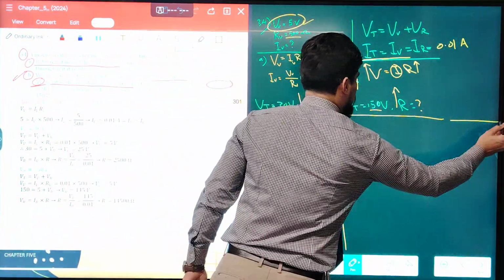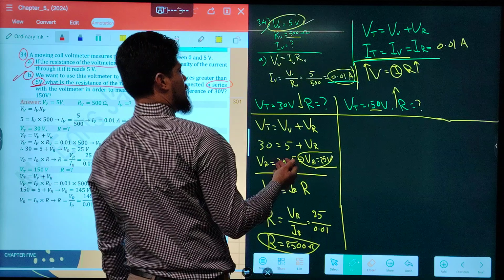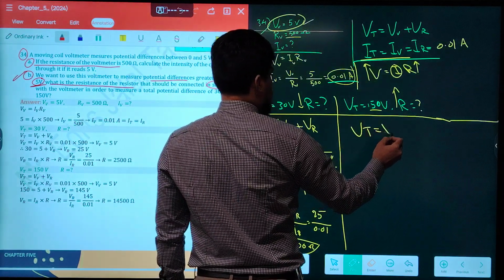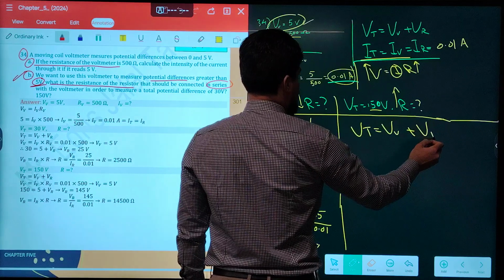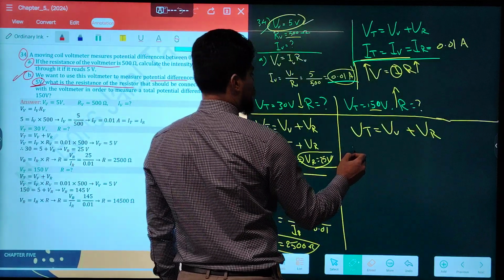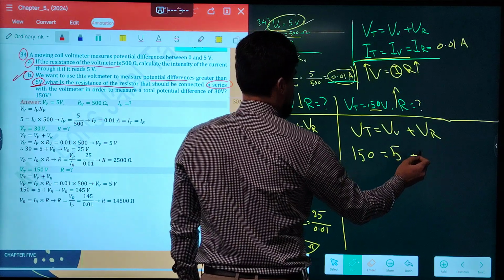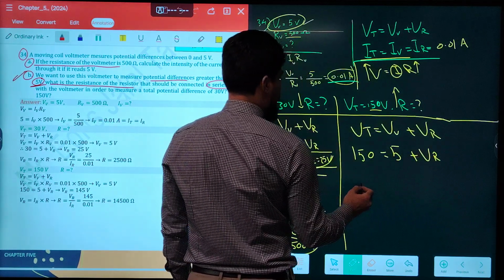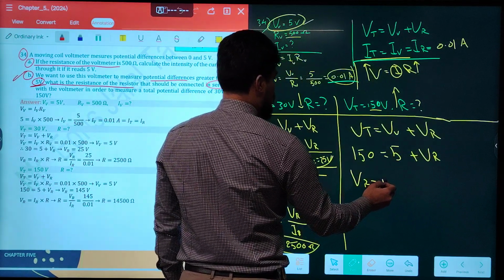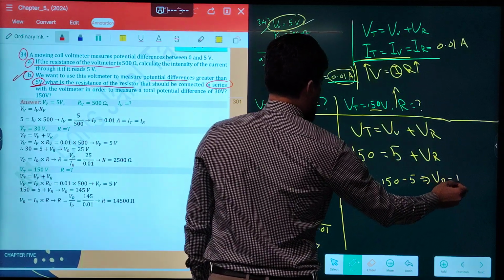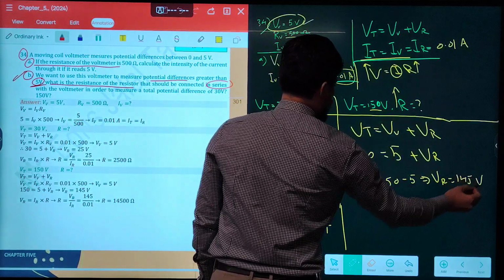The second part, when V total is equal to 150, so you have to do the same process. V total is equal to what? V across voltmeter plus V across resistor. V total in this case 150. V across voltmeter 5 volt. VR unknown. Okay. VR is equal to what? 150 minus 5. VR is equal to 145 volt.